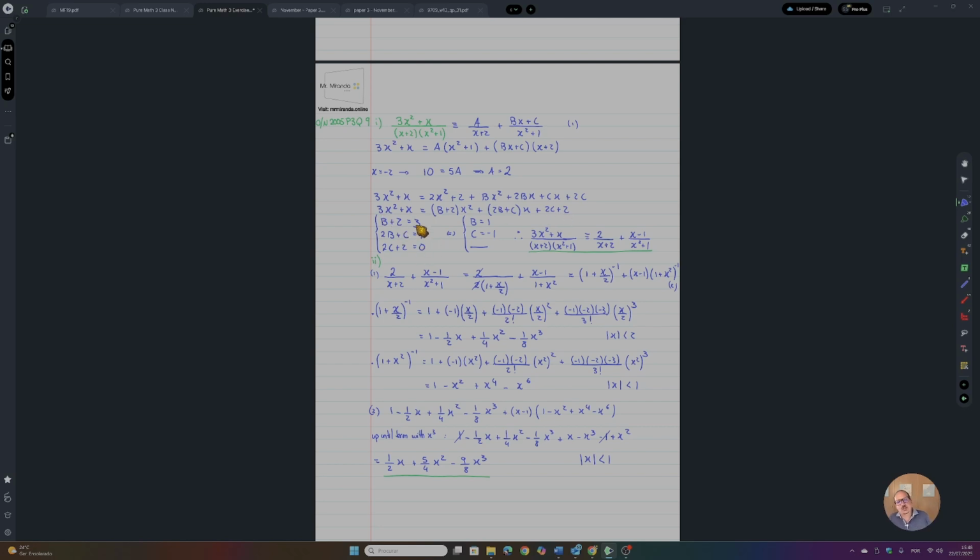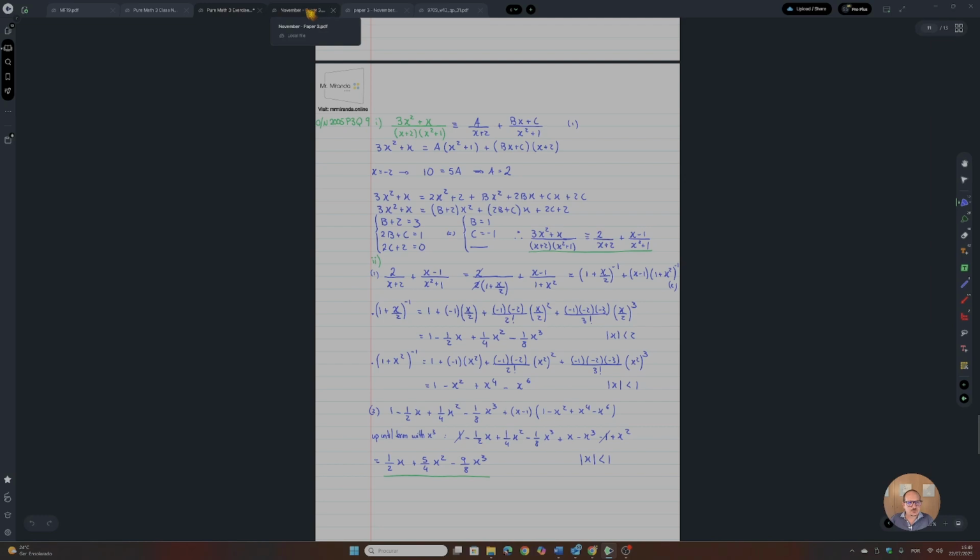You are left with two unknowns, which are the values of b and c, and you have more than 2 equations, so you can just pick any 2 of these 3. Whichever you pick should give you the same result, b equals 1, c equals minus 1. So now you know all the values. A is 2, b equals 1, c equals minus 1. So this will become this, and it's solved.